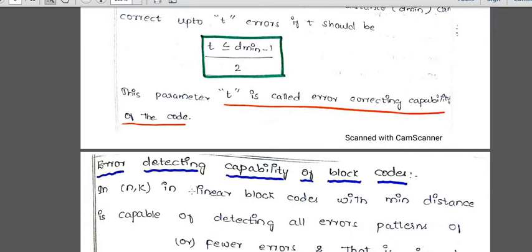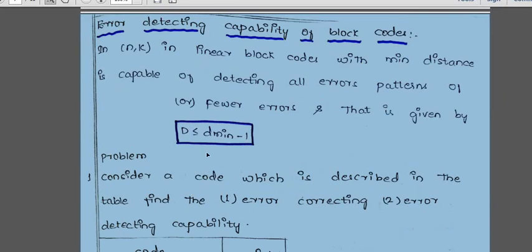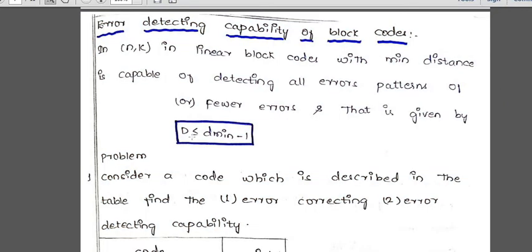For error detecting capability, d is less than or equals to d minimum minus 1, where d minimum is the minimum Hamming distance. By using that, we can find where the error is and also correct that error.